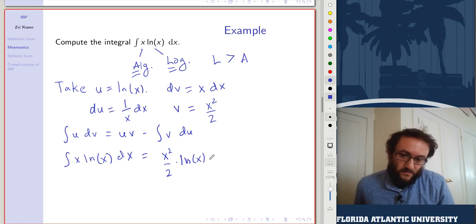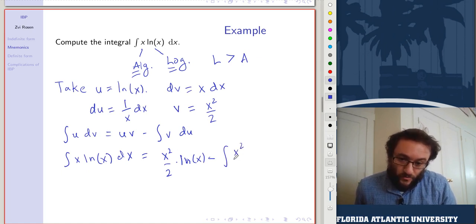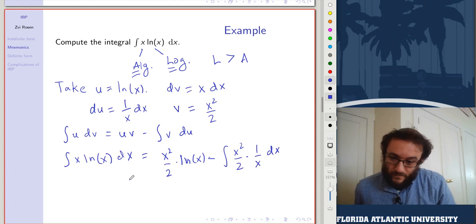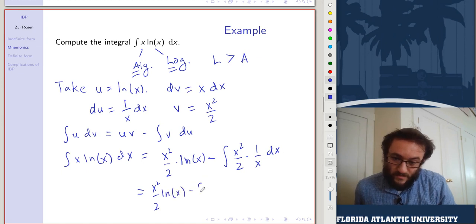I like seeing the log at the end of the expression, minus the integral of v du, which is x squared over 2 times du, which is 1 over x dx. Okay, this is x squared over 2 ln x minus the integral of x over 2 dx.